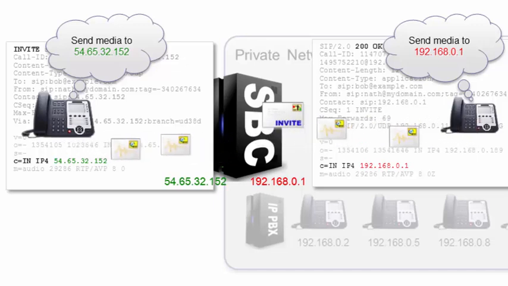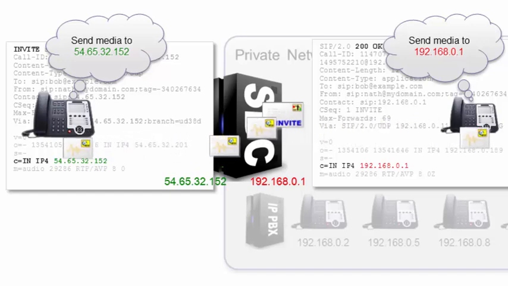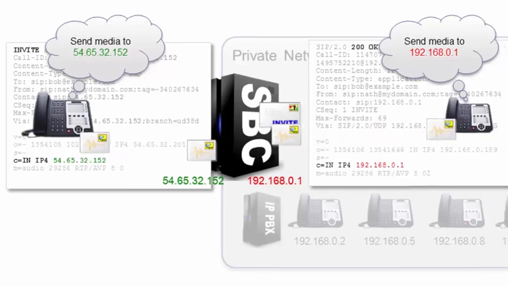It then network address translates the media packets, swapping over internal and external addresses before forwarding the packets on. This way, neither party ever gets to know the actual IP address of the other, even when interrogating the media packets.